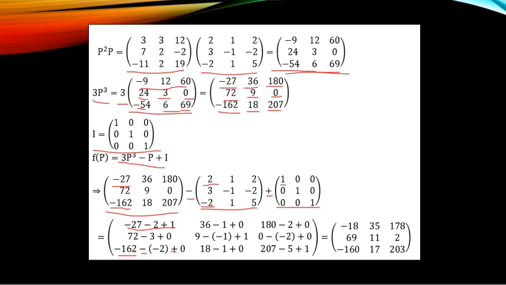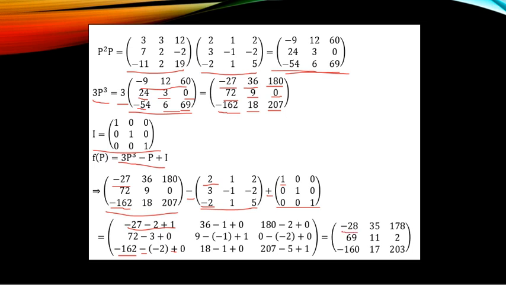When you do all of that, you add minus 27 minus 2 plus 1.